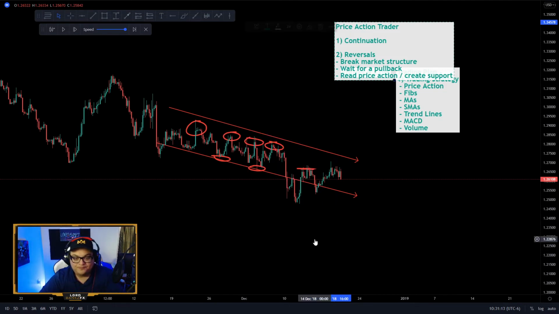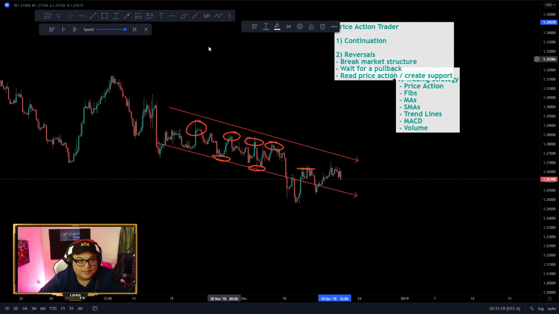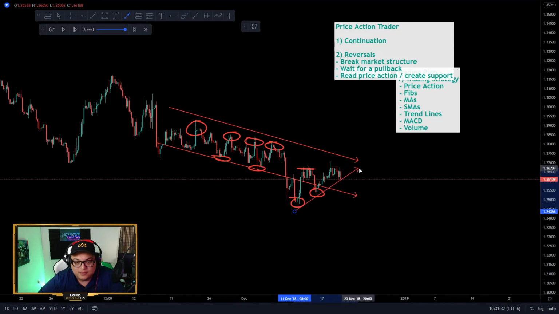Okay, so listen, here's the break of market structure, here's a pullback. Now what does this low tell us right here? This low is higher than this low. Do you see that? So now it's easy to tell that market structure is changing.